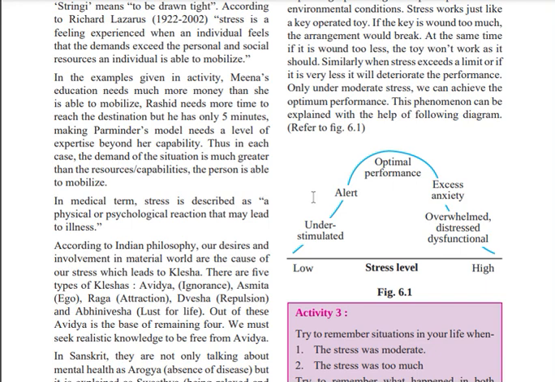Rashid needs more time to reach the destination, but he has only 5 minutes. Making Parminder's model needs a level of expertise beyond her capability.